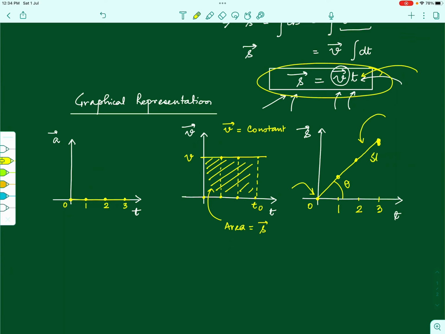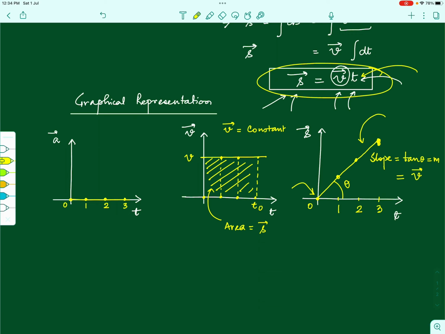And then the slope of this graph will be nothing but tan of this angle theta, which we also call as m, small m, right? So by knowing the value of theta and then finding out tan theta, we can get the value of velocity here, v. So from a velocity time graph, we can easily find out the displacement. From the displacement time graph, we can easily find out the velocity.